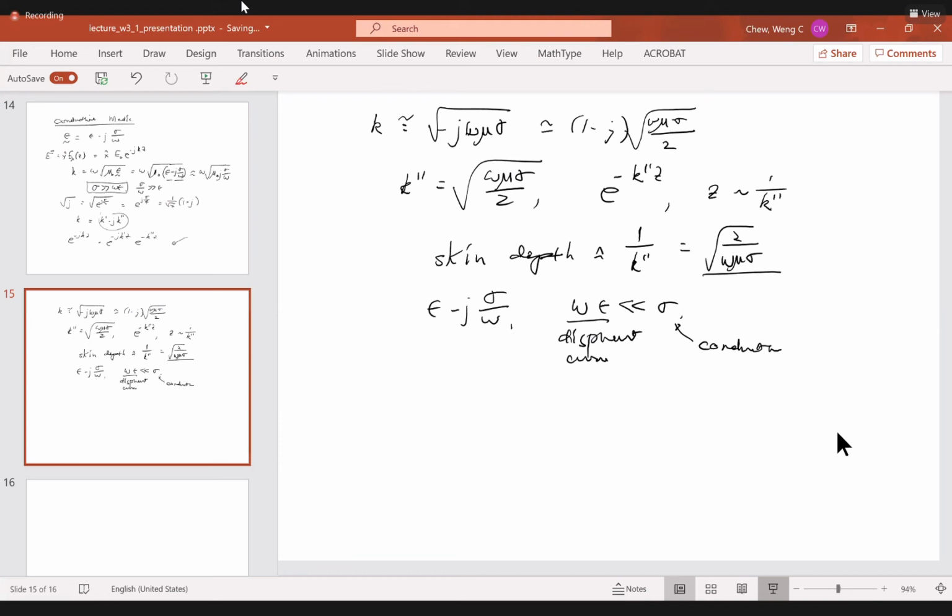In order for you to talk to a submarine, you want to make the penetration depth as large as you can. So the conductivity of the ocean, you cannot control. But there's one thing you can control, which is to make the frequency very low. So in order to talk to the submarine, you can use very, very low frequency signal.